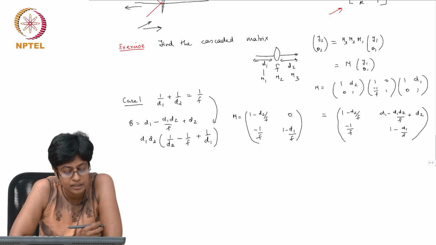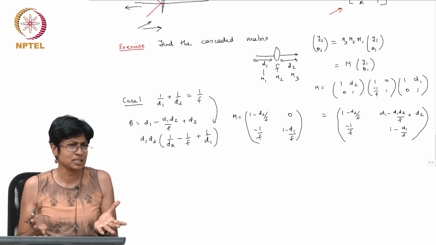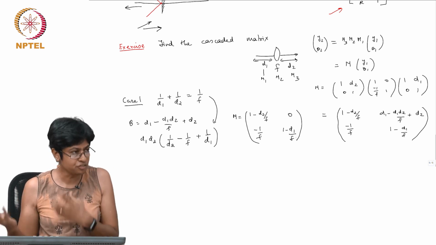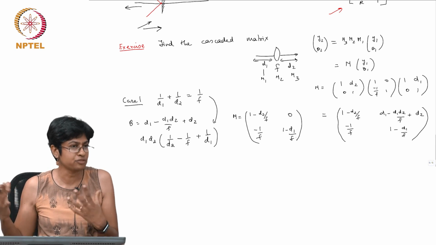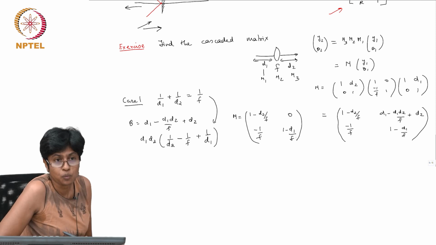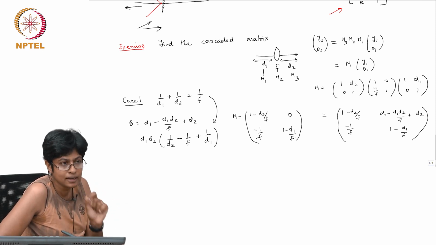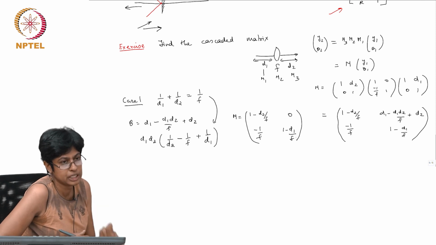Forget how I arrived at this; I am asking you, what is the significance of having the B coefficient as 0? What does it mean when you say an optical element or an optical operation has B equal to 0?